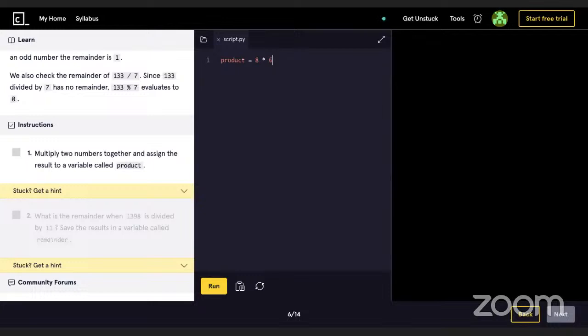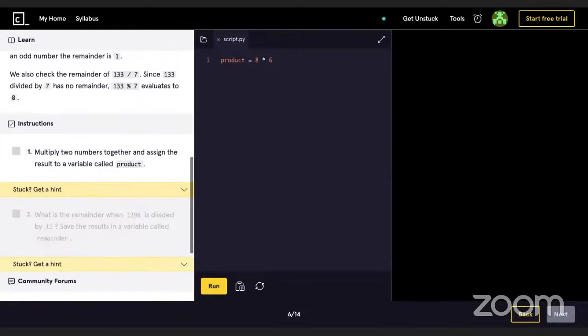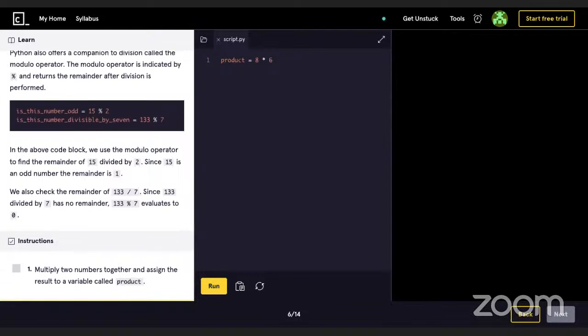The next one says, what is the remainder when 1,398 is divided by 11? So you have to save the result in a variable called remainder. The divide sign is the percentage.